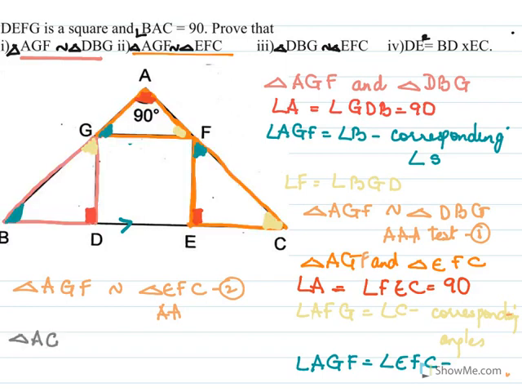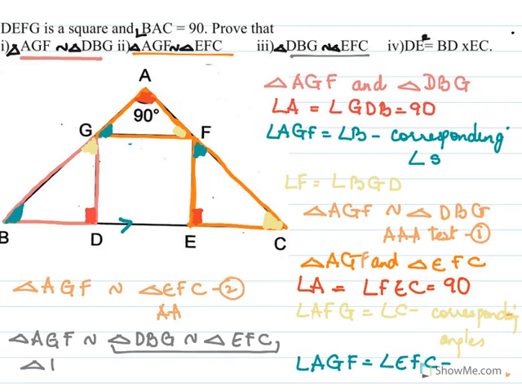Therefore, triangle AGF, one triangle, is similar to triangle DBG, similar to triangle EFC. Hence I can say that these two triangles are similar, that's triangle DBG similar to triangle EFC.